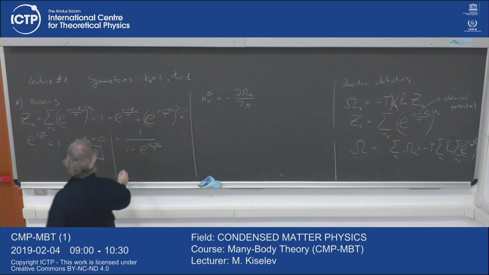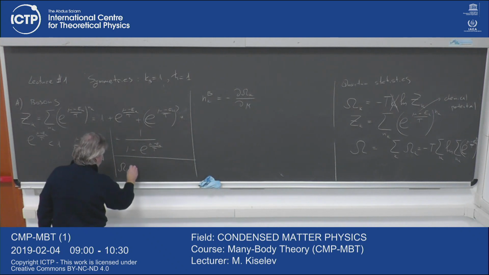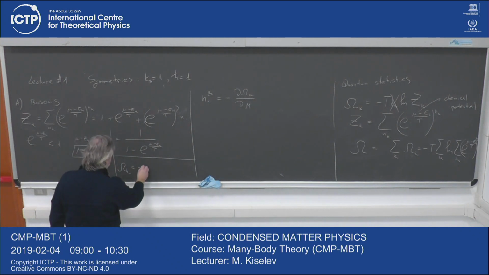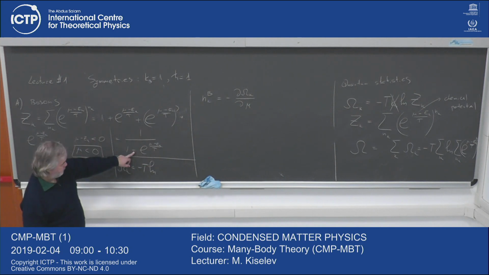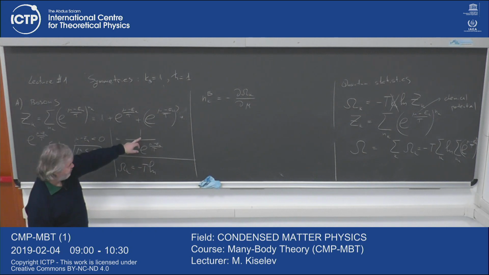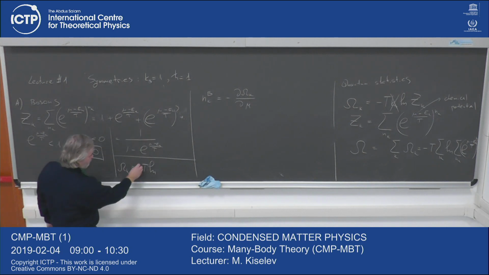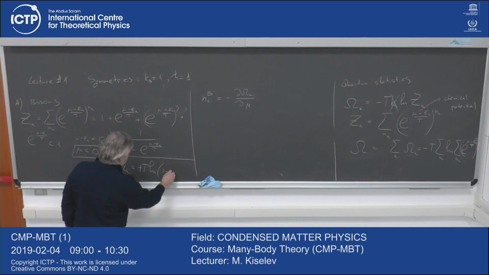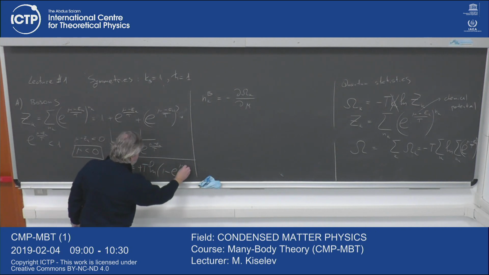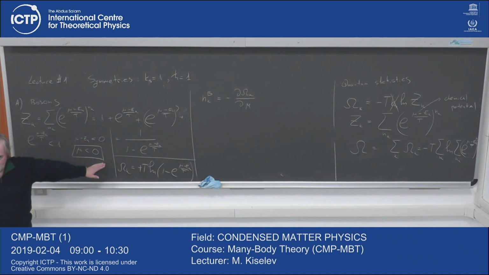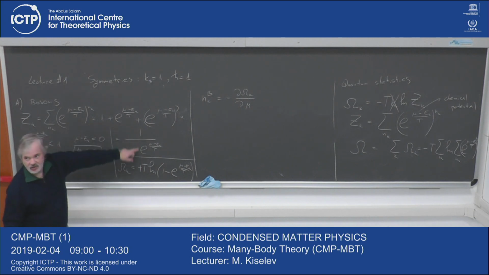So omega k here is minus T logarithm of this quantity. Since it's minus logarithm of 1 over something, I will write plus, and I will write 1 minus e to the power mu minus epsilon k over temperature. Okay, so this is omega k. Plus appears because I have minus and I have a fraction.